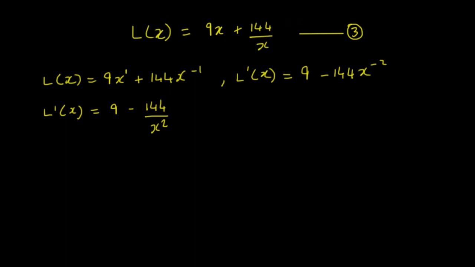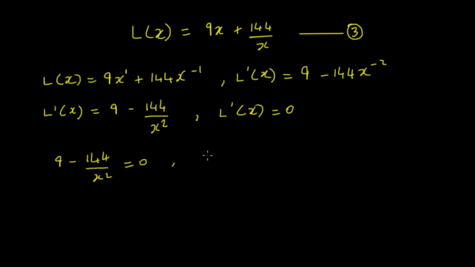So we want to find the value of x that's going to minimise this. We're going to get a minimum whenever the L derivative of x is equal to 0. So what we're going to have is 9 minus 144 upon x squared is equal to 0.